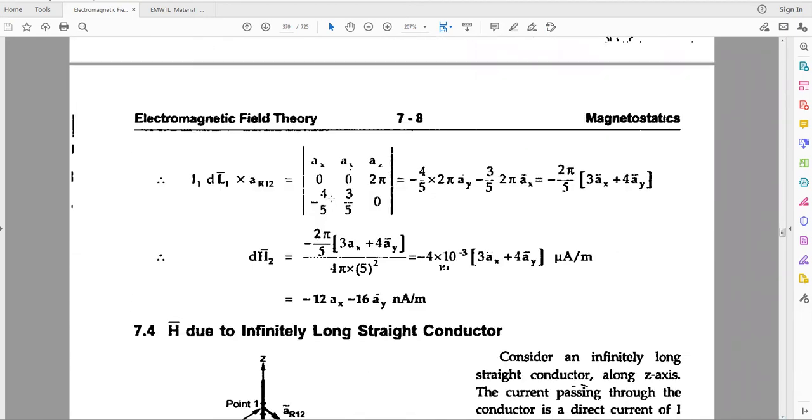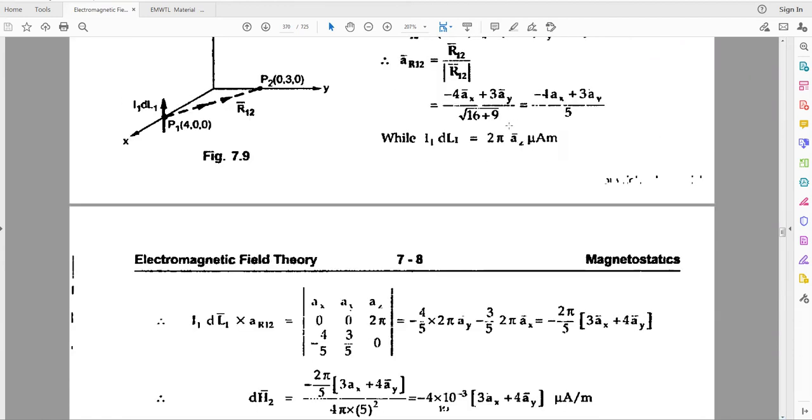The cross product is AX, AY and AZ bar, and AZ bar has the coefficient 2π, and the remaining 2 functions are 0, 0. Here AZ bar coefficient is 2π, so 0, 0 and 2π. And here AX bar coefficient is minus 4 by 5 and the AY bar coefficient is 3 by 5, and there is no Z coefficient, 0.